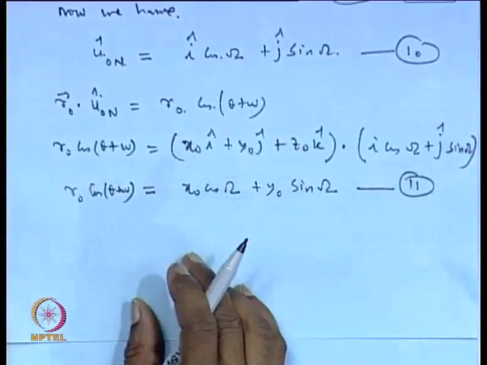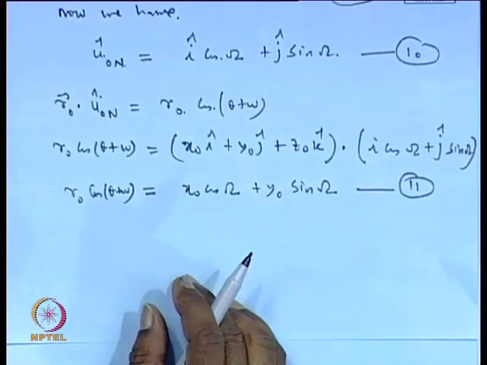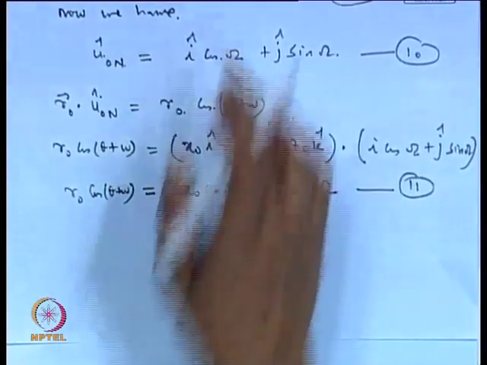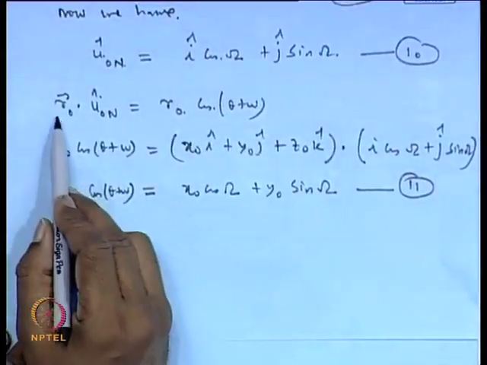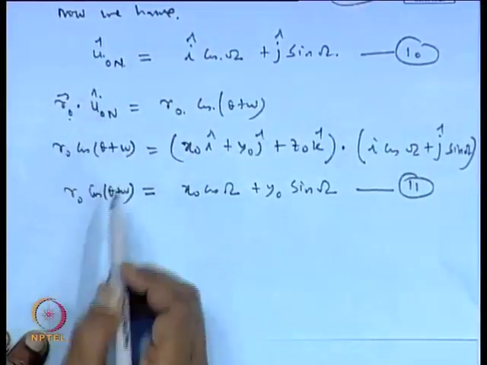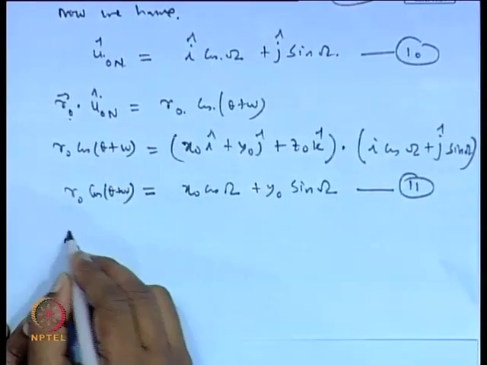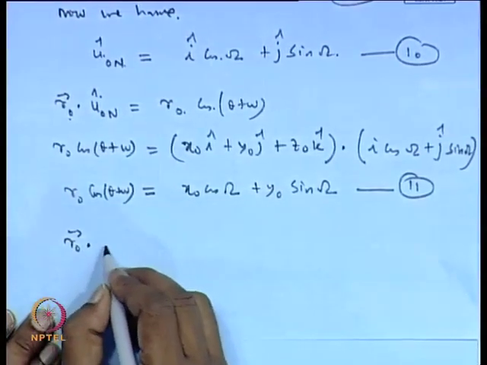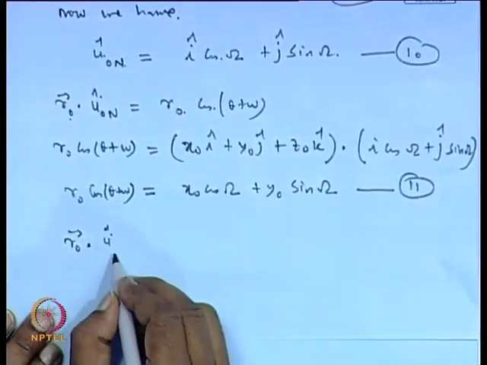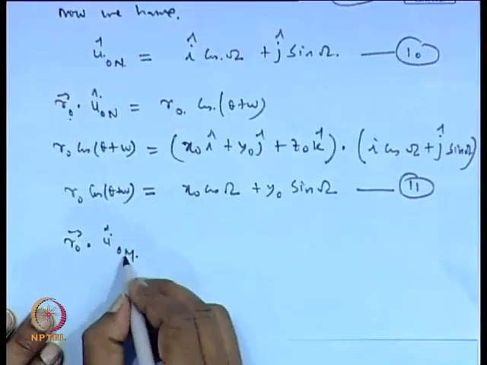Okay. Now, we have taken the dot product of r0 and u_on. Now, we can take the dot product of r0 and u_om. Okay.